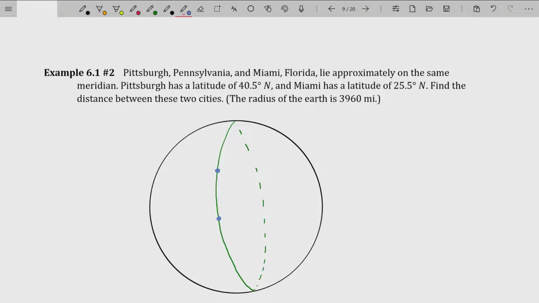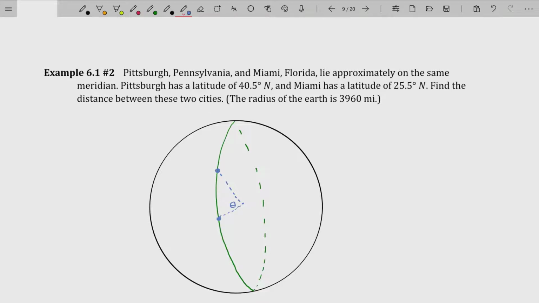The angle between them from the center of the circle, so this is a sphere you have to imagine, and there is some arc within that sphere that leads to those two, can be measured because we know the latitude of Pittsburgh is 40.5 degrees and the latitude of Miami is 25.5 degrees. So there is a 15-degree difference between them.